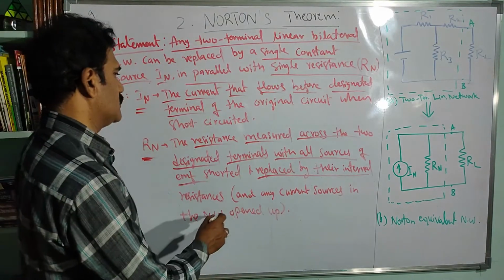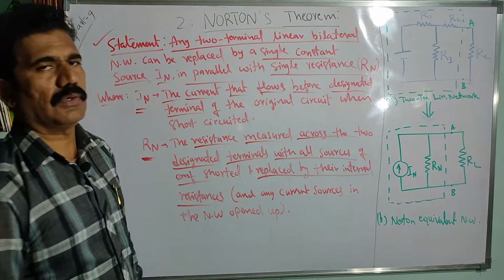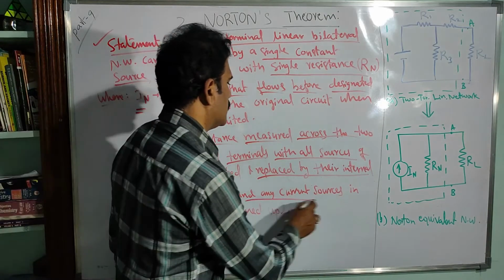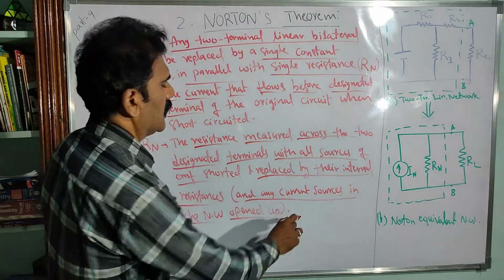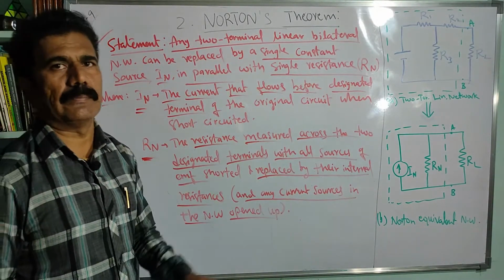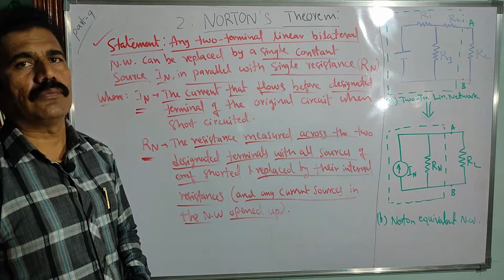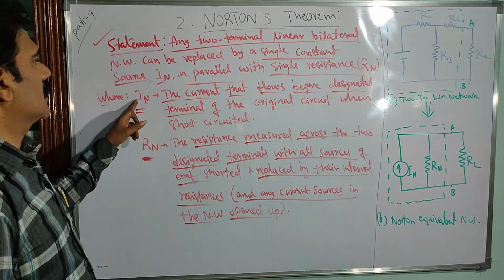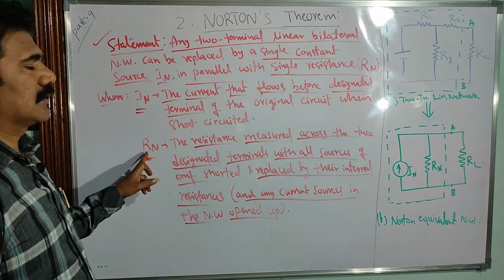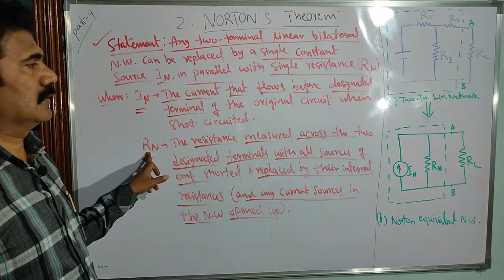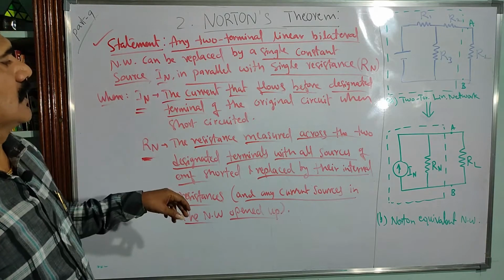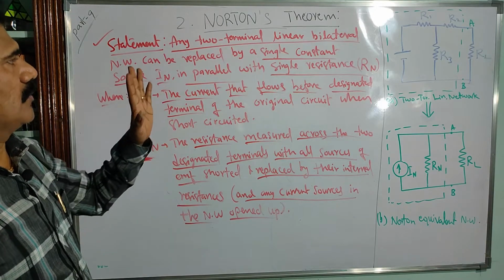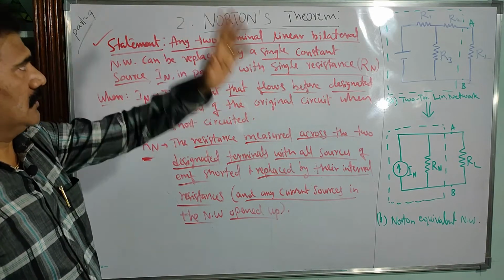If there are current sources, all current sources in the network should be kept open. You have to follow these steps to find Norton's current IN and Norton's resistance RN. Clear?